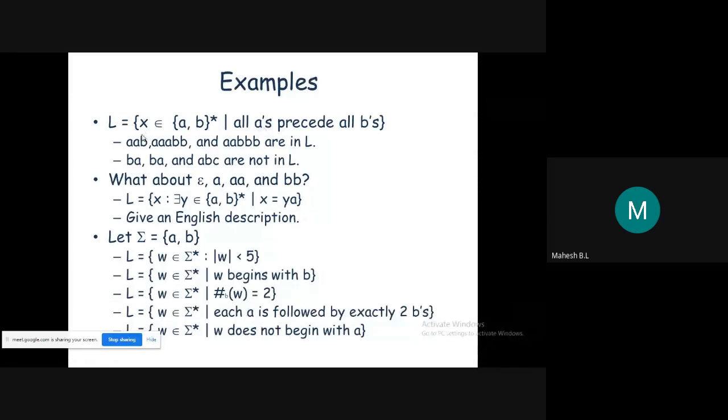Then what about epsilon, a, aa, and bb? So whether epsilon belongs to the language?